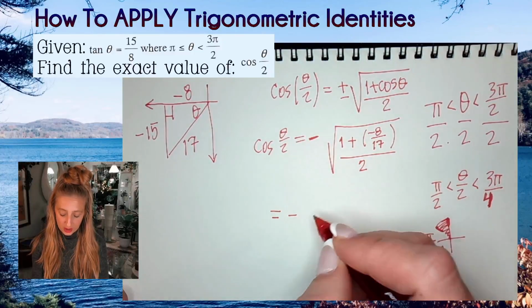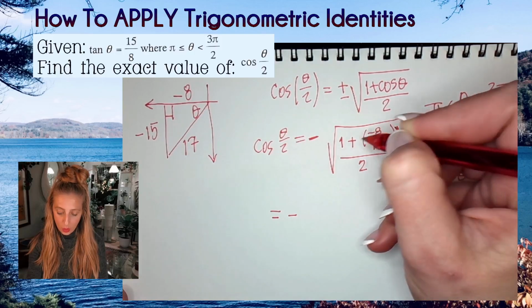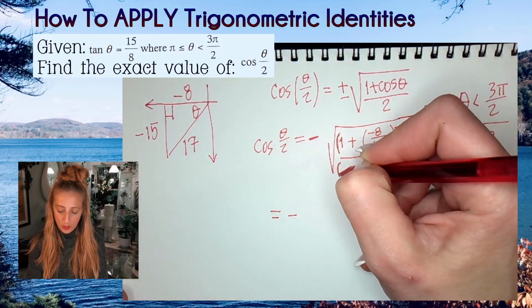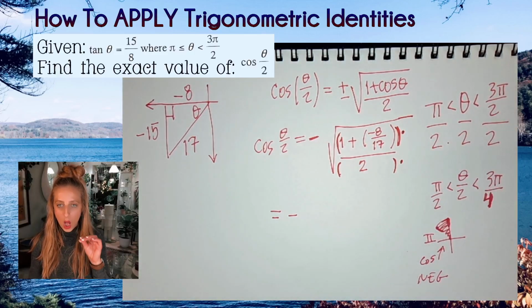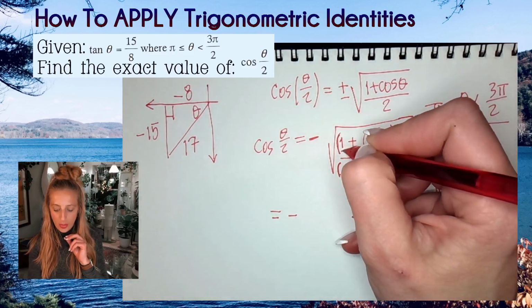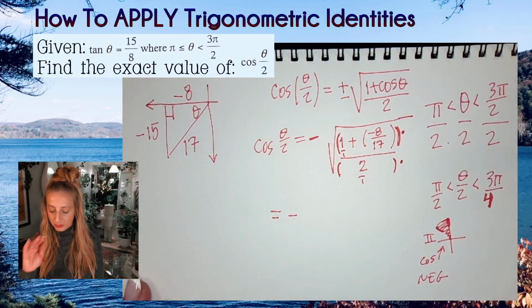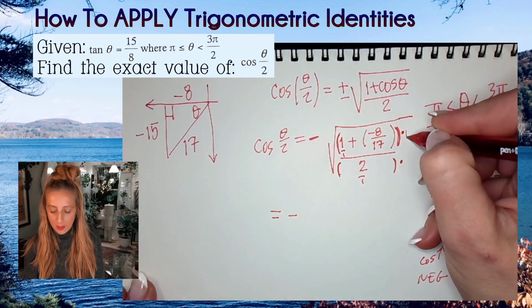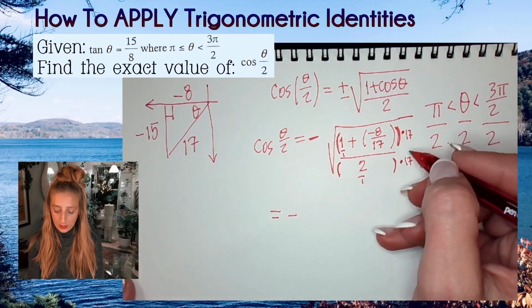So I'm going to do my world famous, not really, hamburger method. Put a bun on the top, bun on the bottom. I'm going to multiply everything through by my lowest common denominator. This is 1 over 1, 2 over 1, 8 over 17, plus negative, I'll make it minus when I write the next line. So I'm going to multiply on top and bottom inside this radical by 17. I'm technically multiplying by 1, totally allowed.